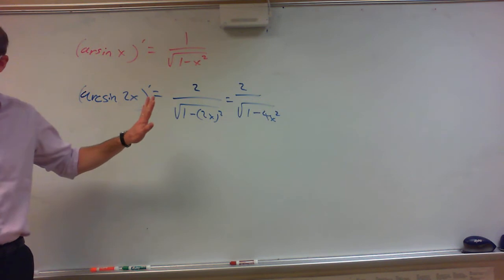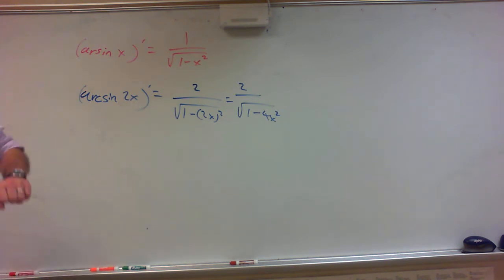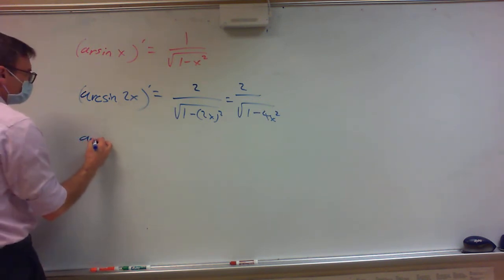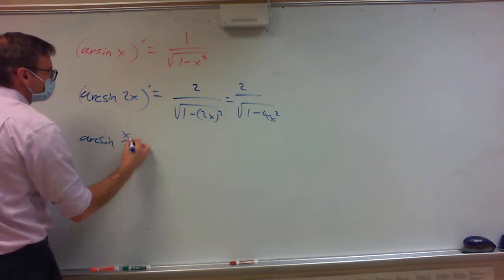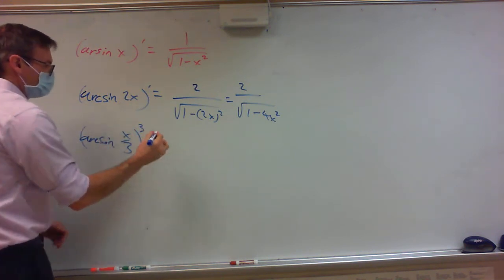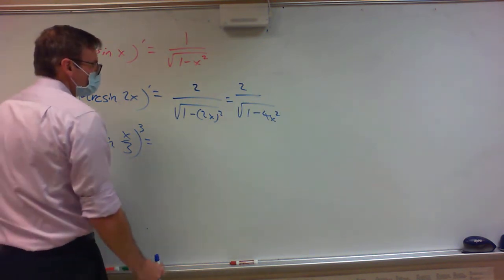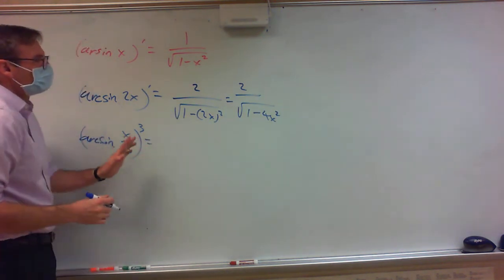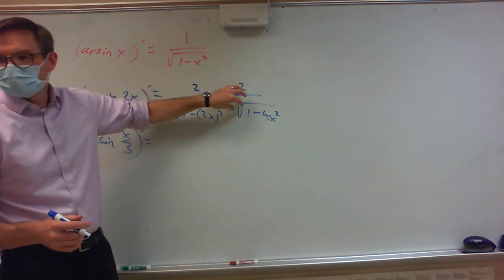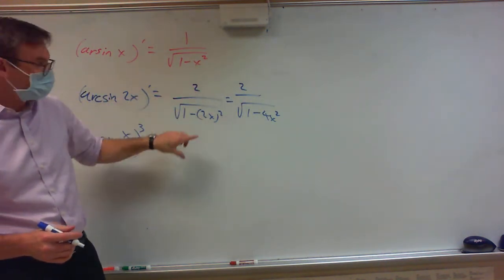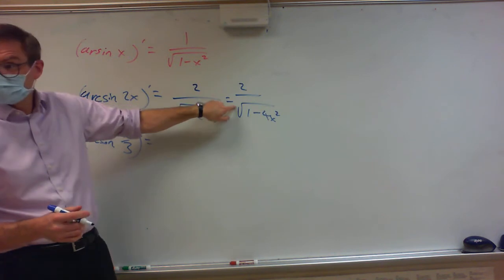There's our review. And here's the part that's not so nice. What about arc sine of x over 3? You think, how is that not nice? Do the same thing. Technically that 2 could have been off to the side. We just put it on top. You take the derivative of whatever this is and stick it off to the side.